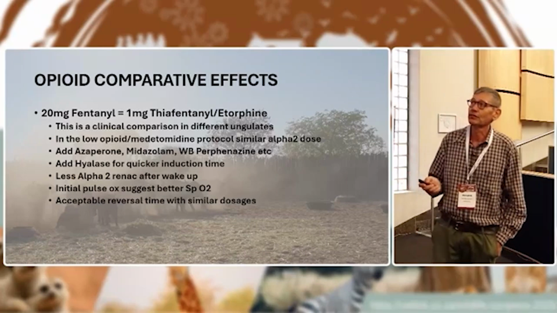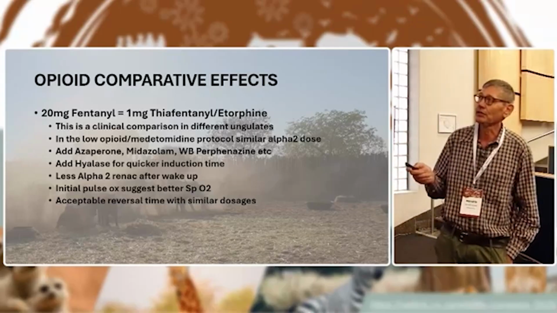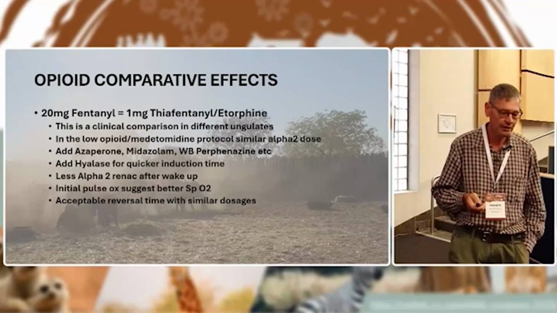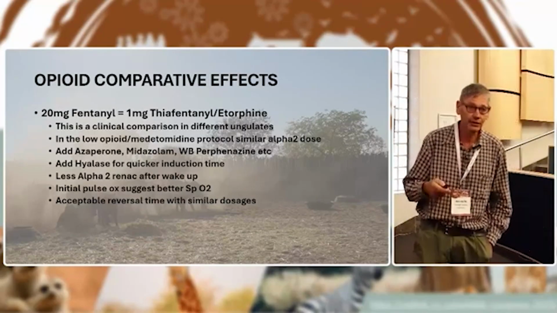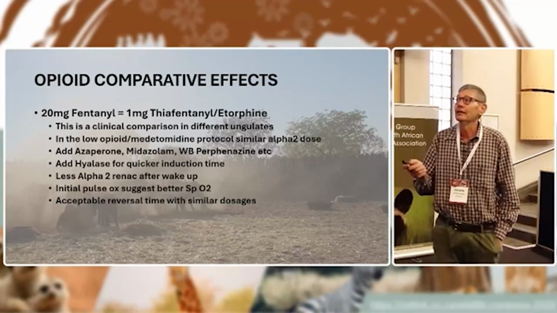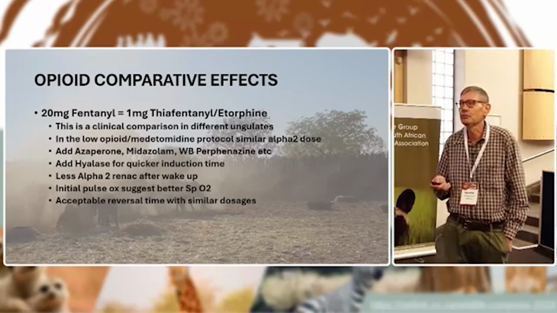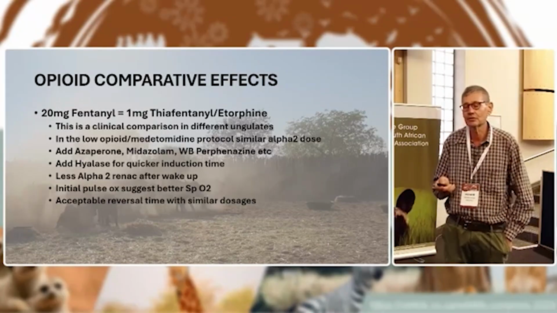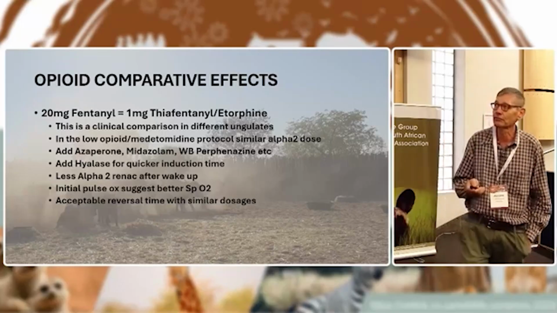When we started looking at the dosages, we had to get a comparison between the potent opioid and the fentanyl on potency. So looking at the clinical cases, theoretically it should be around 15 milligrams of fentanyl that's as potent as 1 milligram of thiofentanyl or etorphine.